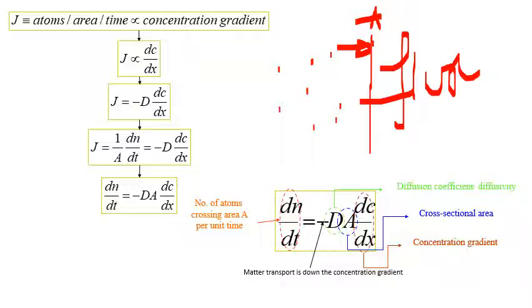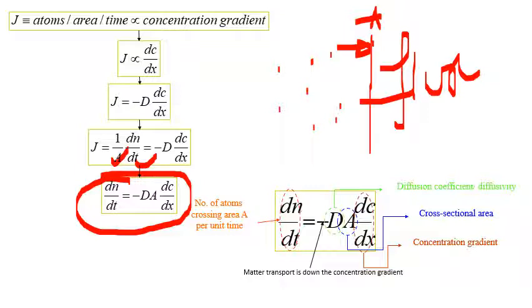When we take a unit area, we can say J will be equal to 1/A dN/dt, that will be equal to minus D dC/dx. So the flux of atoms, dN/dt, the number of atoms crossing in unit time, will be equal to minus D dC/dx, or else we can write dN is equal to minus D A dC/dx. We just moved A from left to right.